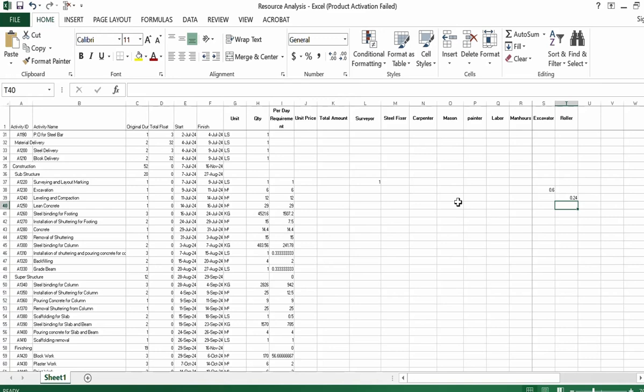So it will take 0.24 hour to complete this quantity.